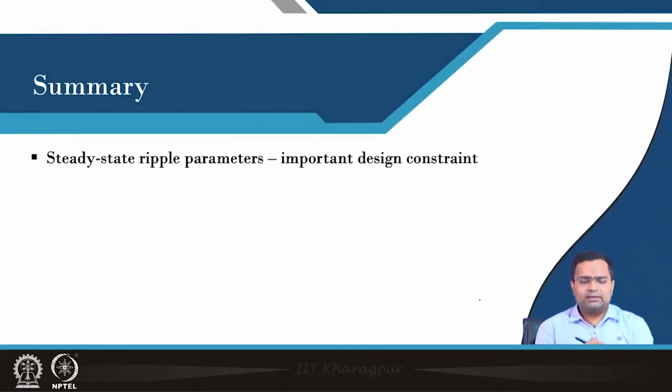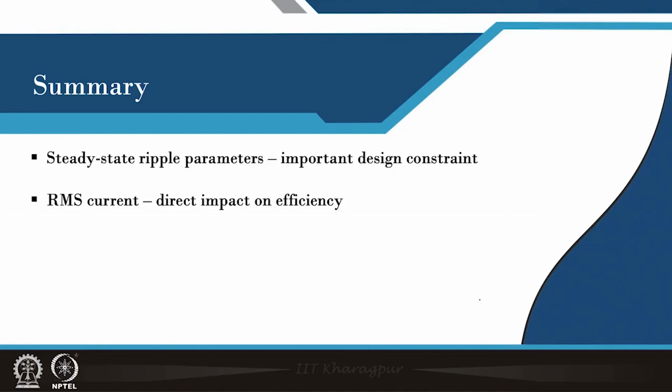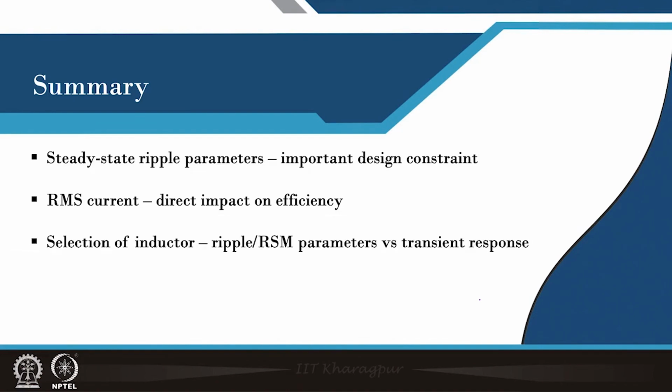So, in summary, we have discussed steady state ripple parameters, and we have considered the important design constraints. RMS current formulation has also been shown, and how it is going to affect the conduction loss and, consequently, the efficiency also.